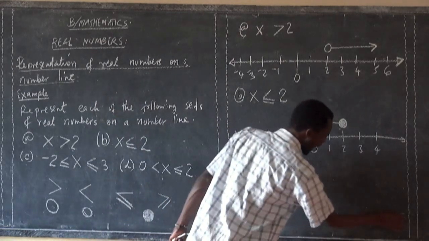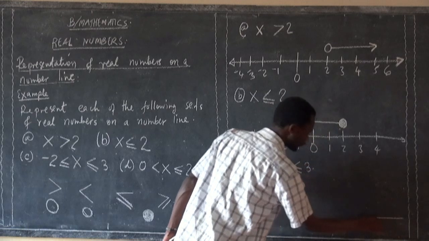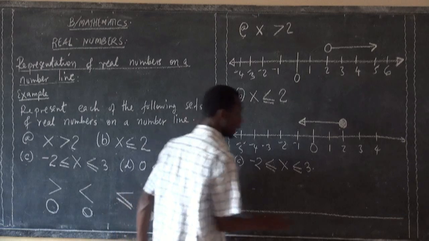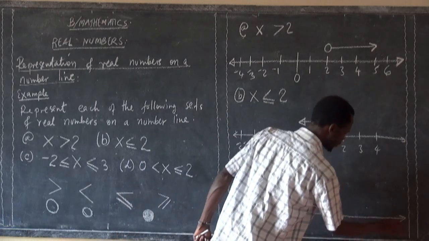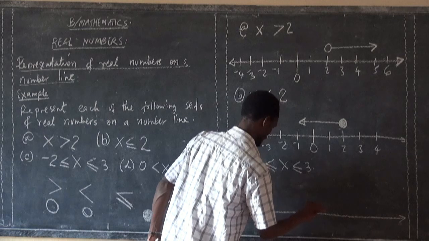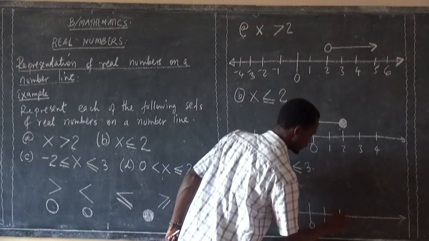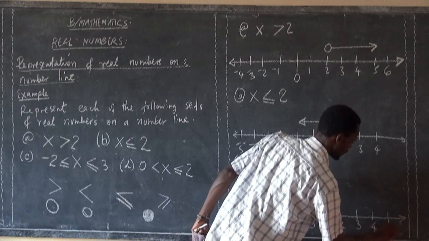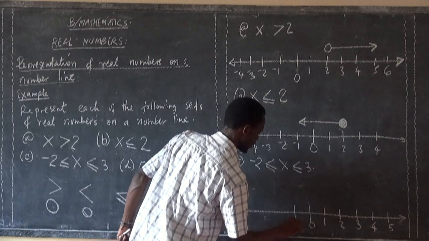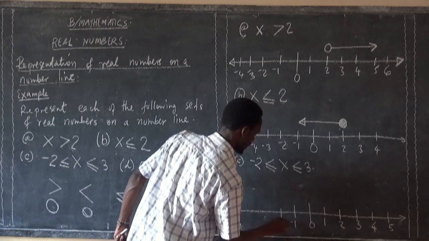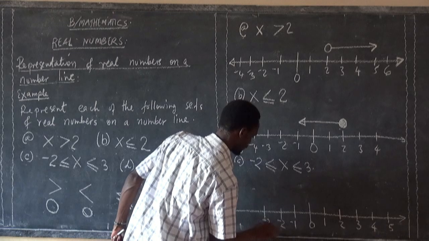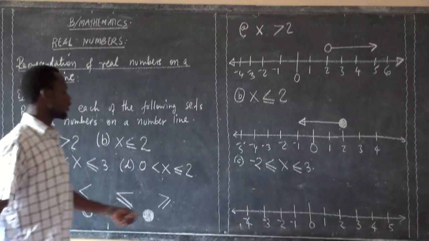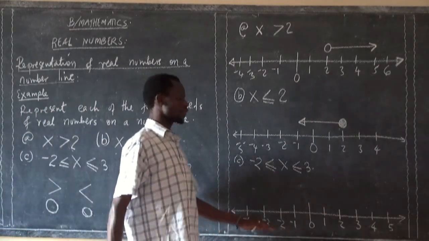From here also, you can draw a number line: 0, 1, 2, 3, 4, 5. Then here you have -1, -2, -3, -4.